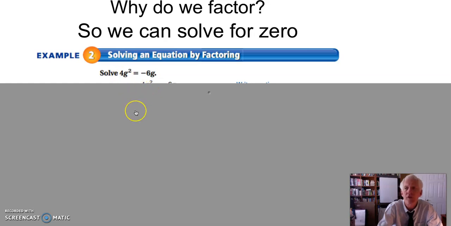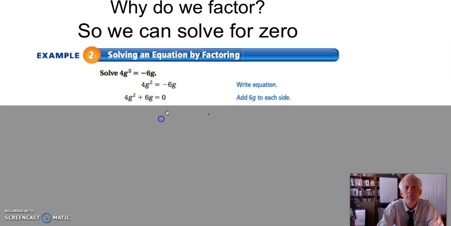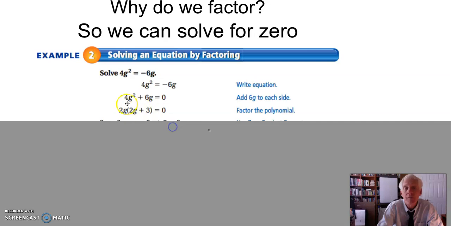If we have 4g squared equals minus 6g, it's a hard thing to figure out, but what you do is set it equal to 0. In this case, we'd add 6g to both sides. We have a binomial equaling 0. Now we can factor it. If we factor it, greatest common factor is 2g.